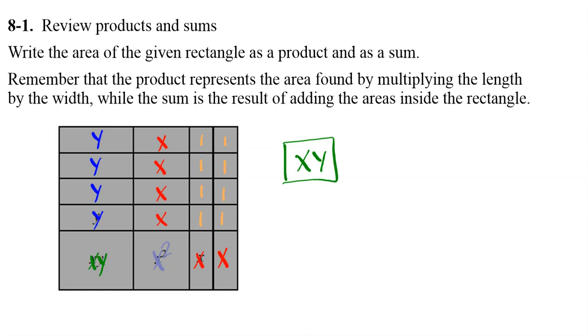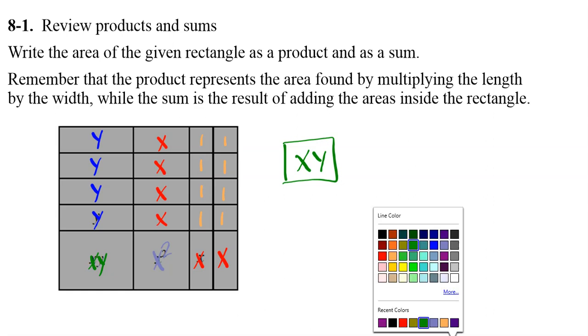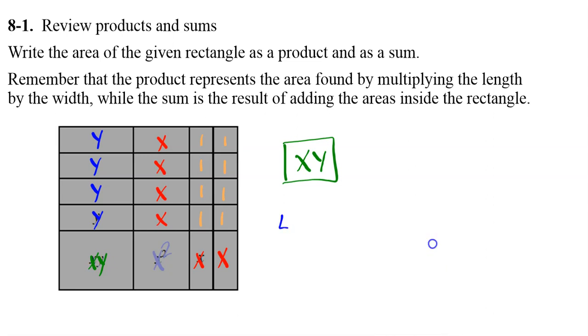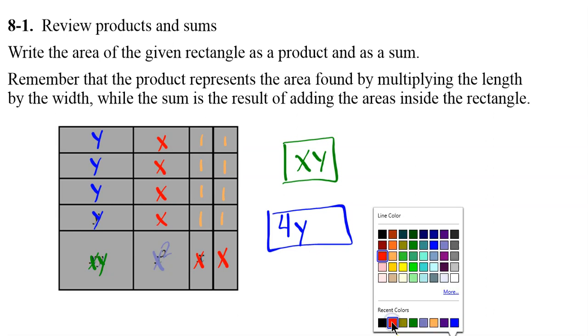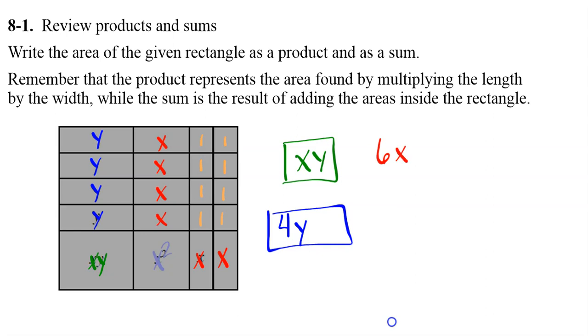Then we've got 4 y tiles. And then we've got 1, 2, 3, 4, 5, 6 of the x tiles. We've got 6 x tiles. And then we've got 2, 4, 6, 8 of the 1's. So we've got 8 of the 1's.